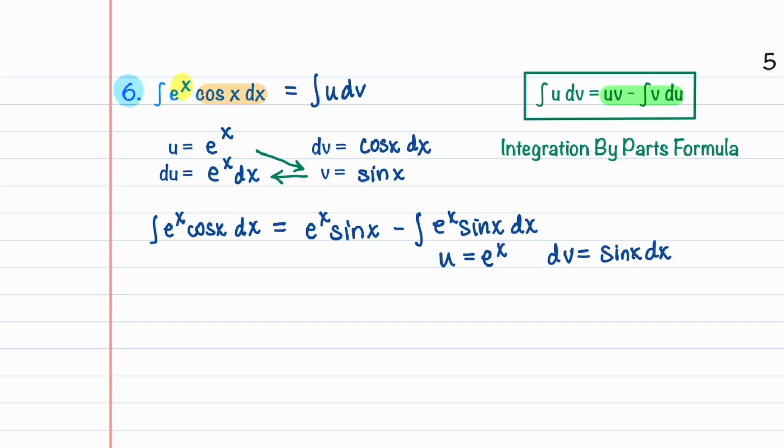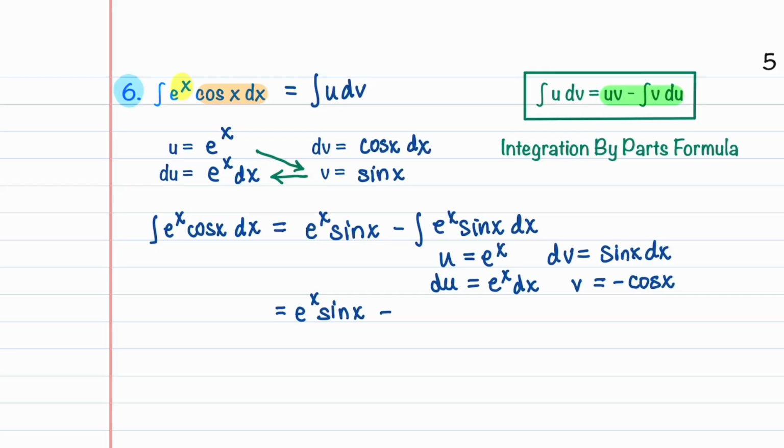For the u, we will take the derivative. We have du is e to the x dx. And on the right, we have v is the integral of sine, and remember that's a minus cosine. Now let's see what we get. We can't forget this first term here, e to the x sine x, so we'll write that down.